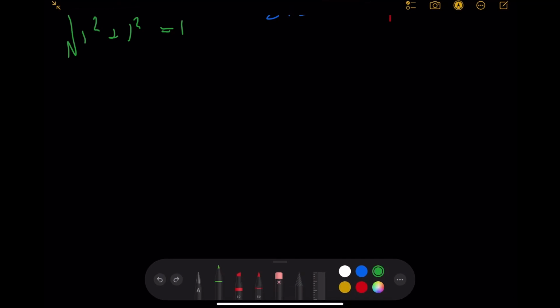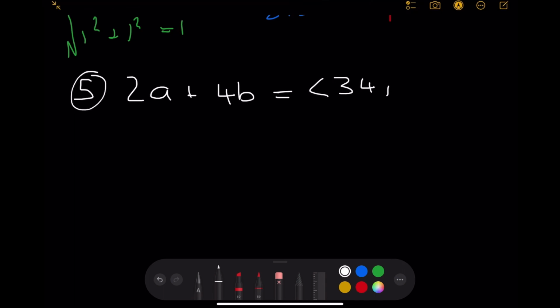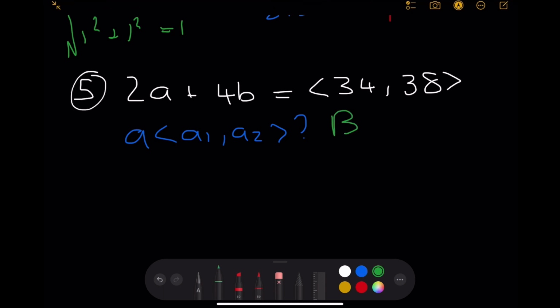So say you're given, I see this in white, number 5. If I tell you 2a plus 4b is equal to 34, 38, and I want to know what is a1 and a2, and I give you that b is equal to 8, 5, right?